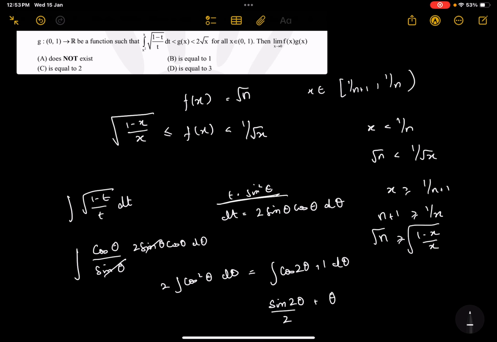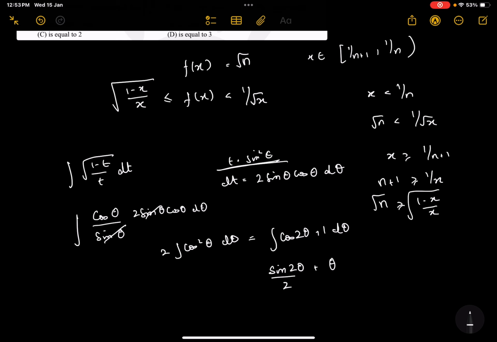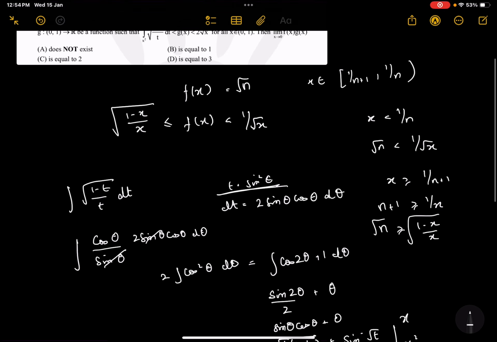And using this, it is sine theta cos theta plus theta. Sine theta is root t, cos theta is root 1 minus t, plus theta is sine inverse root t. So we have this indefinite integral, and we are to evaluate this from x squared to x, I believe. Yeah.